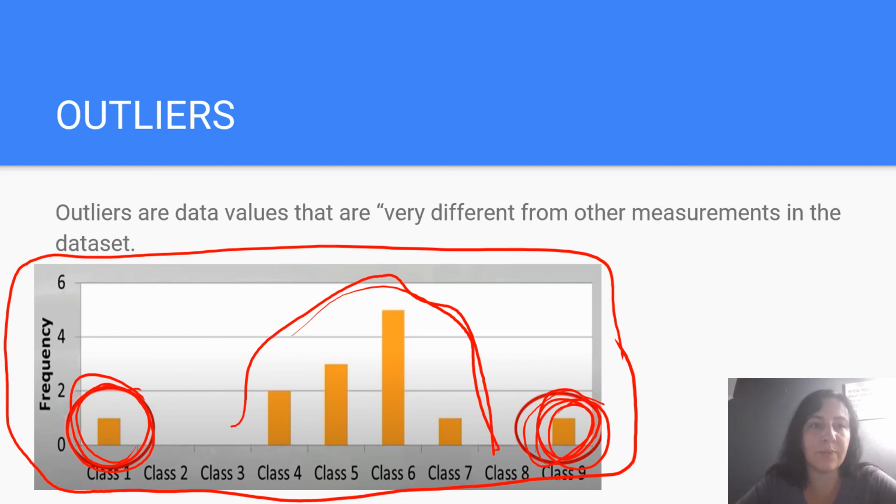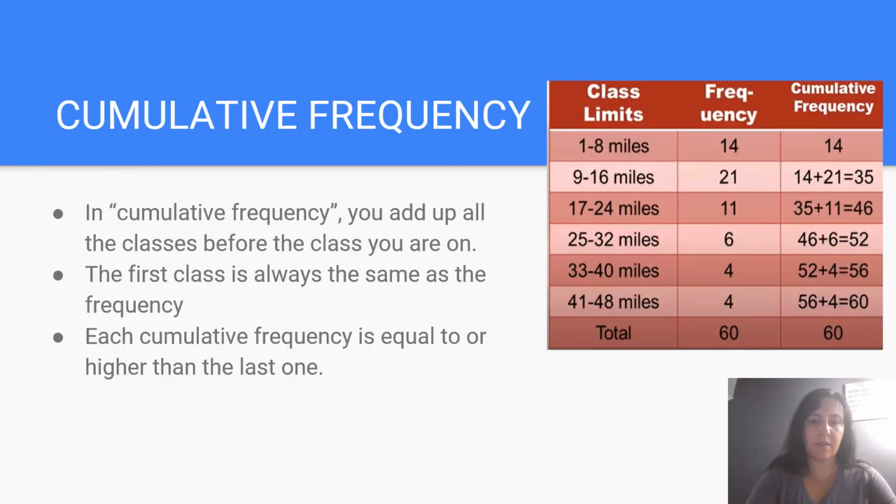What do we got to do? Okay, cumulative frequency. So how do you get your cumulative frequency? What is a cumulative frequency? In a cumulative frequency, each class builds on the next one.